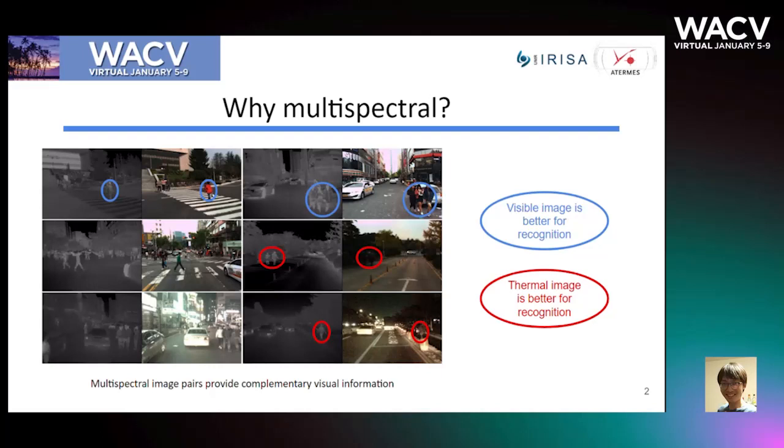Thus, multispectral image pairs provide complementary visual information, making pedestrian detection systems more robust and reliable. An adaptive fusion of thermal and visible features should take such complementarity into account and should locally identify and leverage the information from the most relevant modality.